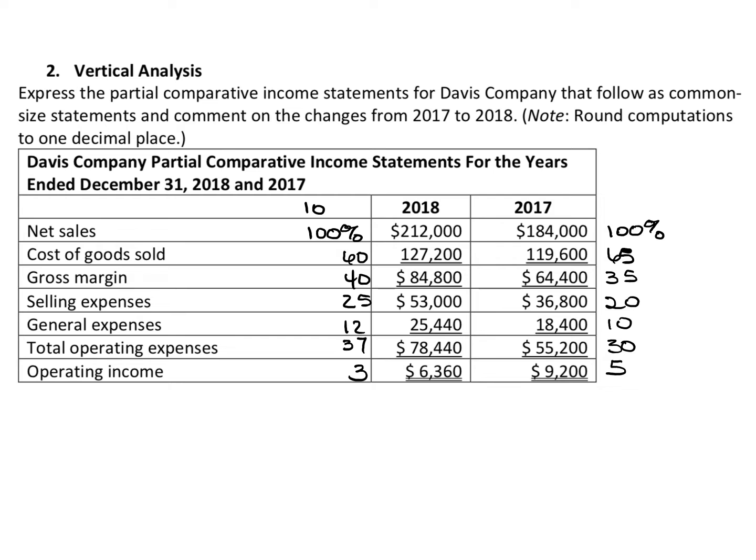So we can see that the structural makeup is shifting, but is that true forever? I don't know. I need more data to do vertical or common sizing of financials analysis better, because I need more data to see if it's a trend or just a fluke for that year.